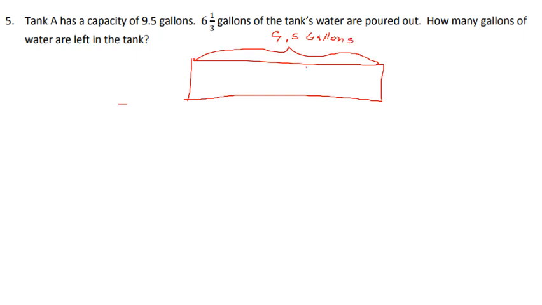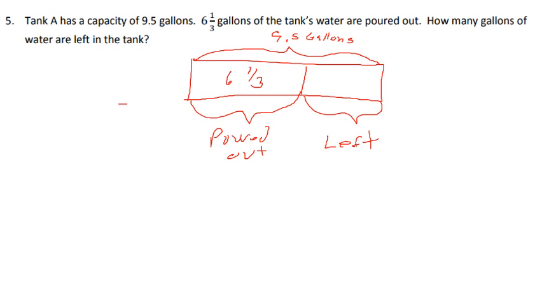And it says 6 1/3 was poured out, and wants to know how much was left. So now I've got this situation where I have 9.5 and I'm subtracting 6 1/3.